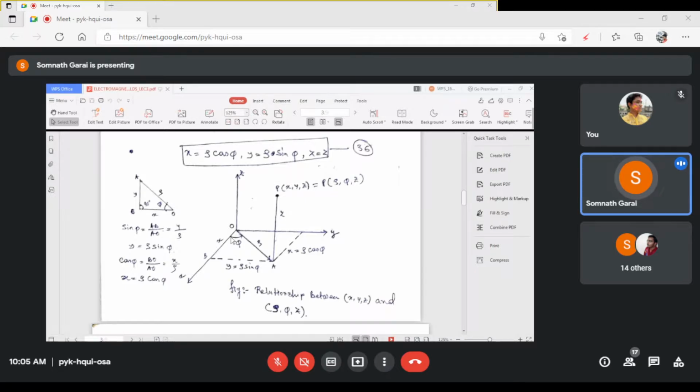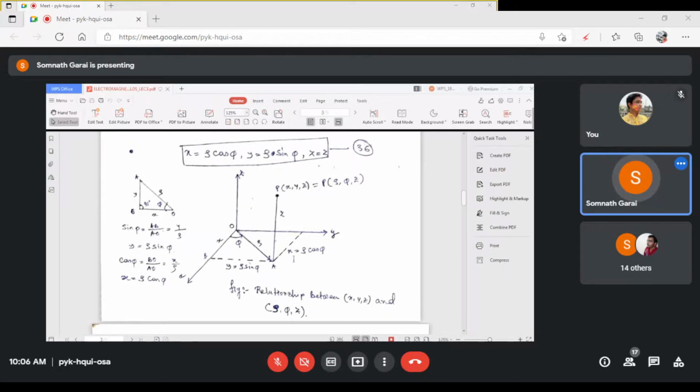OB is equal to X, AB is equal to Y. Now if we determine sine phi, that is AB by OA.